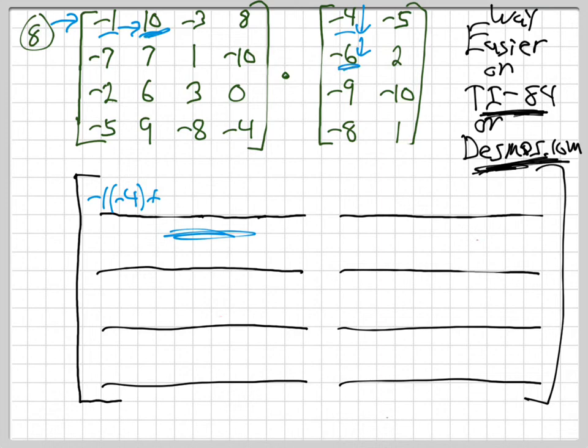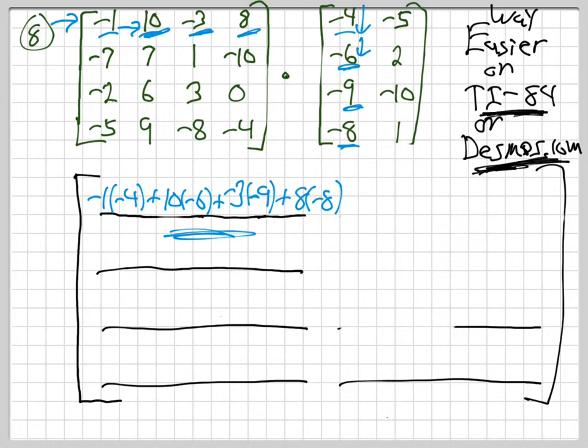So it's 10 times -6 plus. Move over and down. -3 times -9 plus. Over and down. 8 times -8. I was sure I had enough room, but even that wasn't quite enough. Let me expand it just a little bit. All right, there we go.